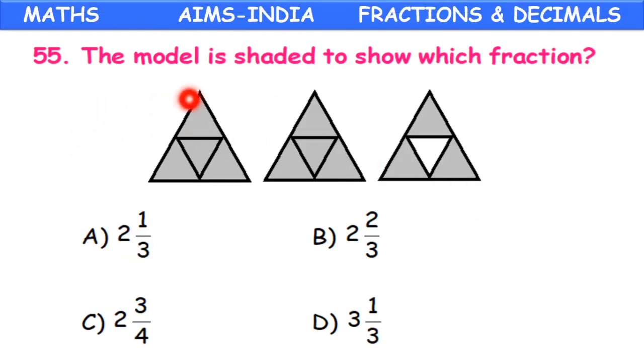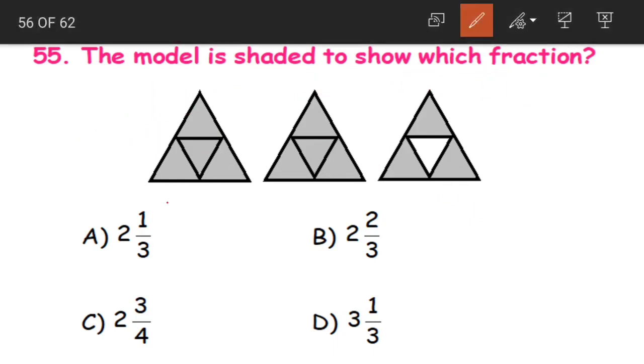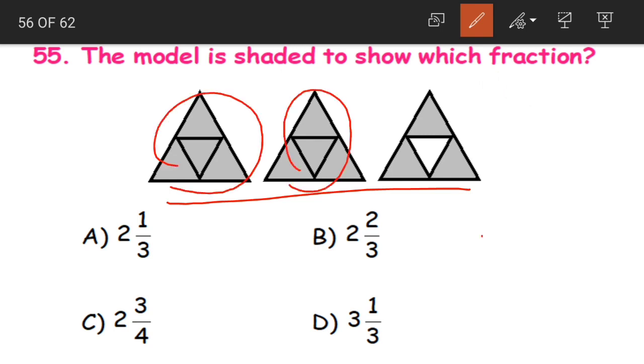Next, question number 55. The model is shaded to show which fraction? Now this model is shaded to show which fraction, children? What does this represent? We are having two fully shaded models, so it becomes the whole number 2. And in the third model, what is the fraction of shaded parts here? 1, 2, 3.